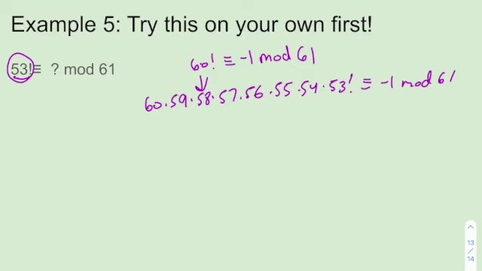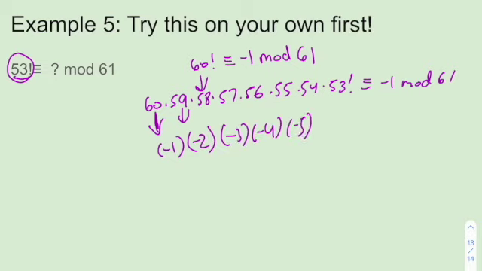60 in mod 61 is basically -1, and there will be -2, -3, -4, -5, -6, -7, and then 53 factorial.